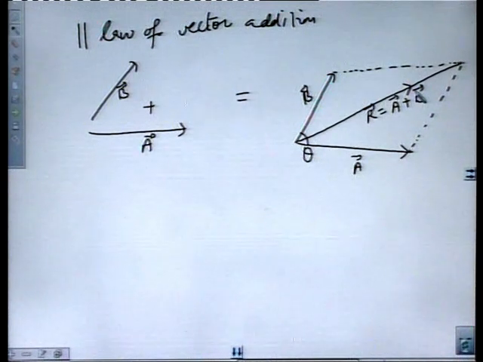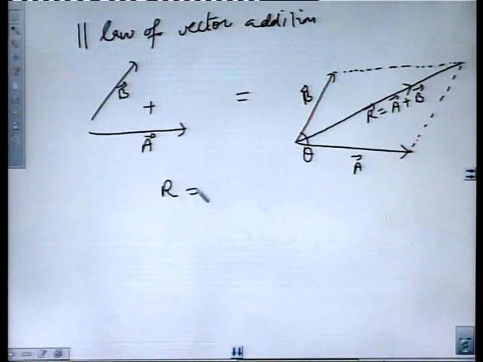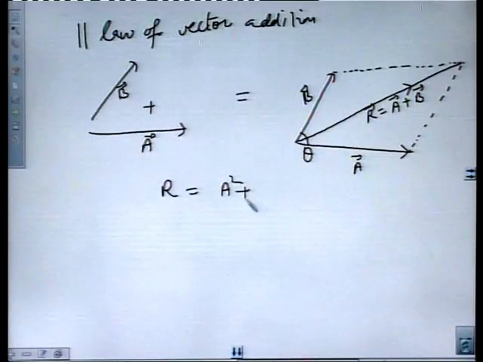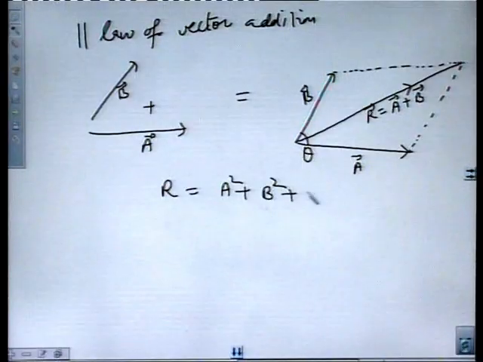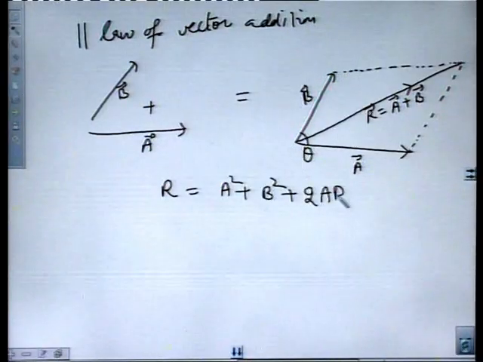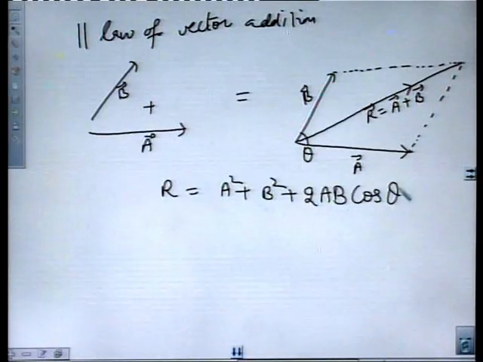Remember, the result produced by the triangle law and this parallelogram law is always same. It gives the value of resultant same in both cases. The magnitude of R is equal to the square root of A square plus B square plus 2AB cos theta.